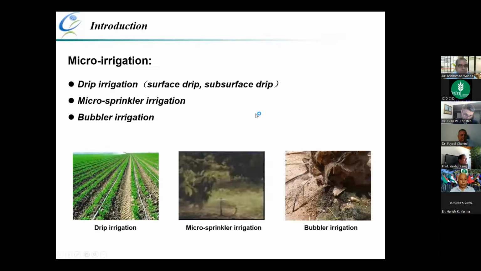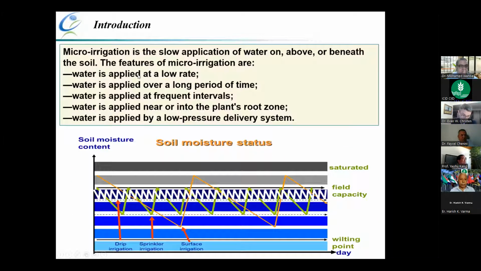Firstly, what is micro-irrigation? Micro-irrigation includes drip irrigation, micro-sprinkler irrigation, and bubble irrigation. The definition is that micro-irrigation is the slow application of water on, above, or beneath the soil.